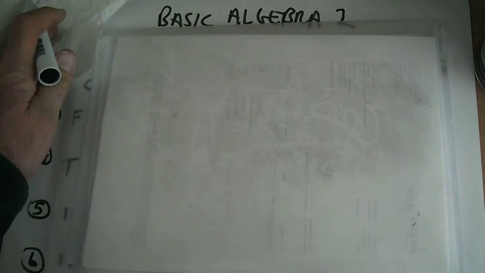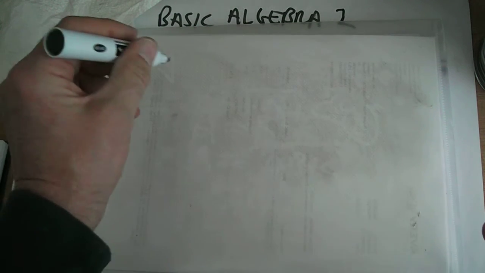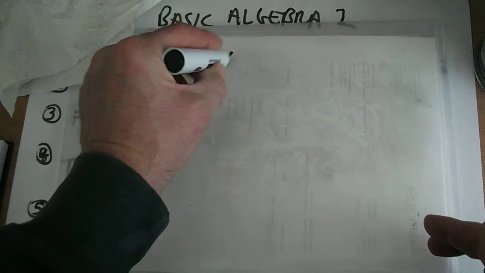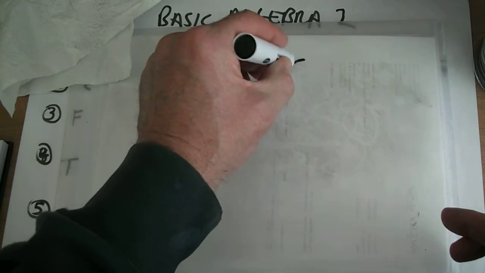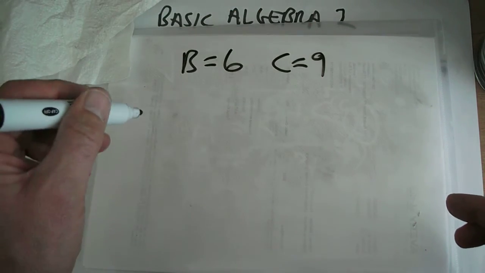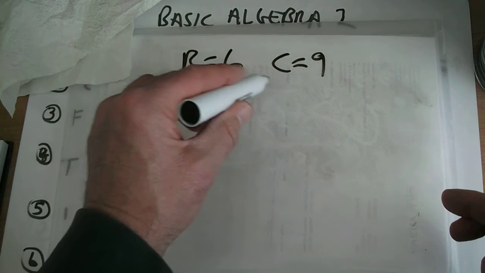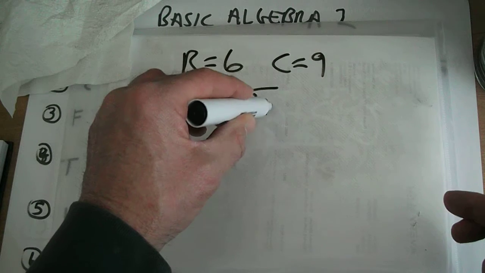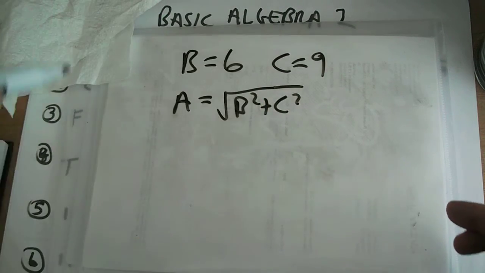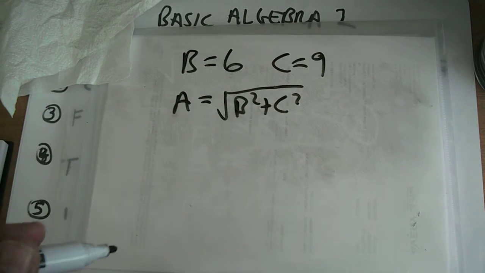Now if I've got a different type of formula, if I say to you that b equals 6 and c equals 9, then if a equals the square root of b squared plus c squared, what we do is we substitute the values that we've been given.